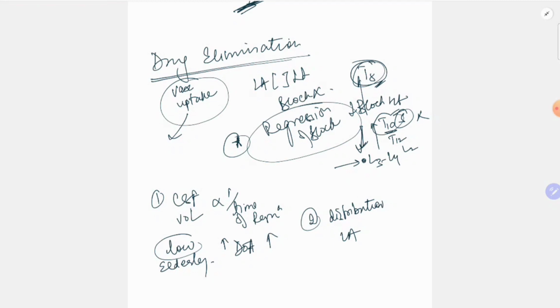Why? Because then the drug is exposed to blood vessels of so many levels, so absorption also increases. So if the drug is distributed to a larger area, the time of regression would be less. It is indirectly proportionate, which means the duration of anesthesia would be less.